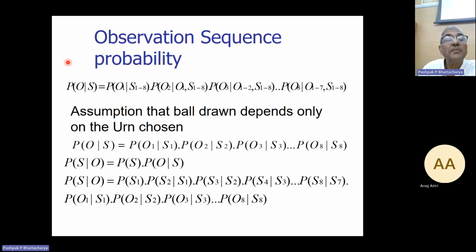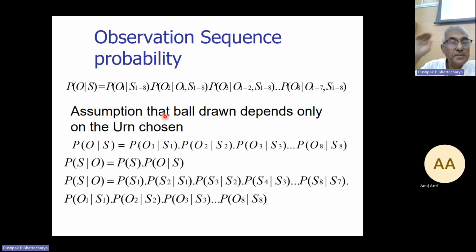What about probability of O given S? Again, apply chain rule and see that this is probability of O1 given S1 to 8, probability of O2 given O1 and S1 to 8, probability of O3 given O1 and O2 and S1 to 8 and so on. We are applying chain rule of probability.